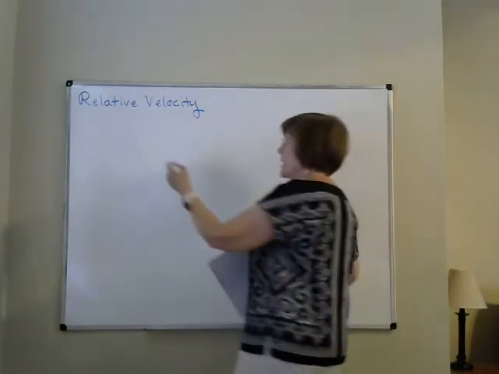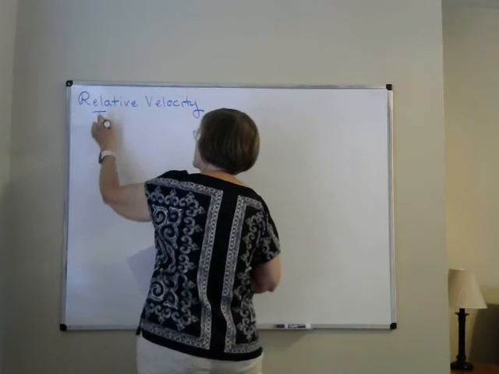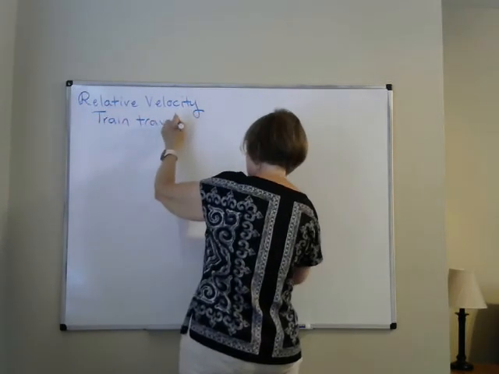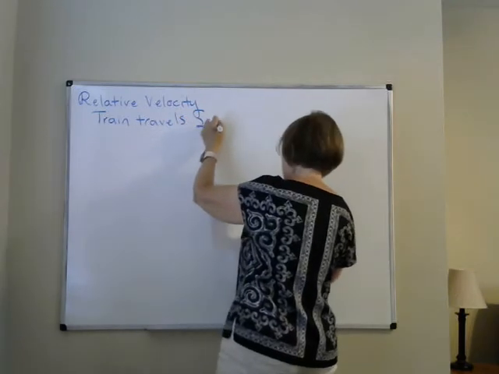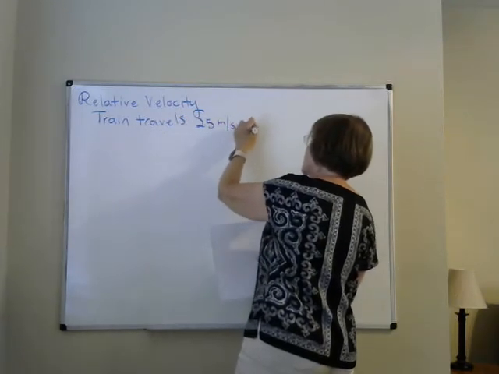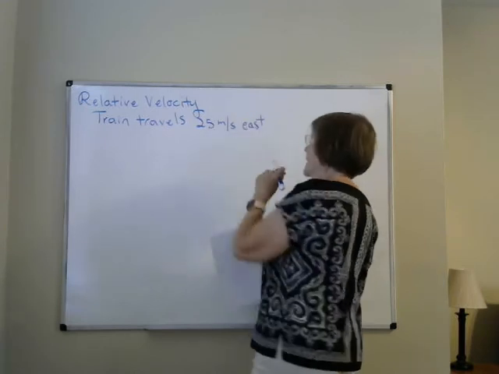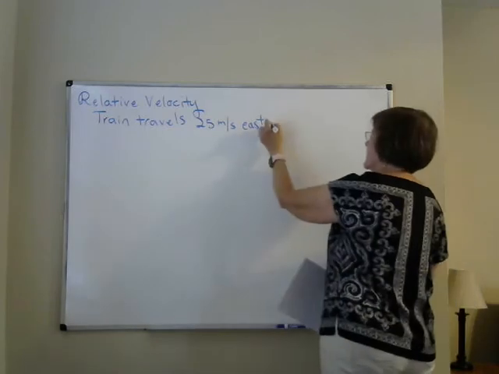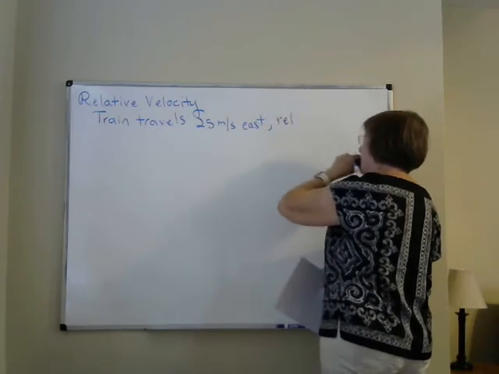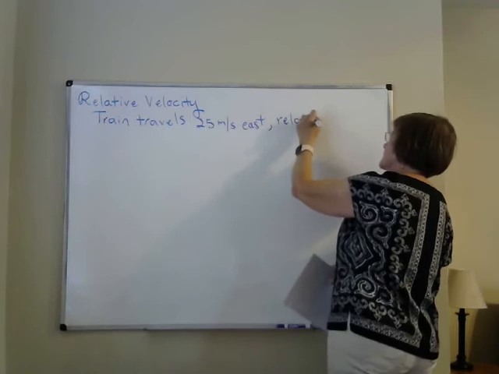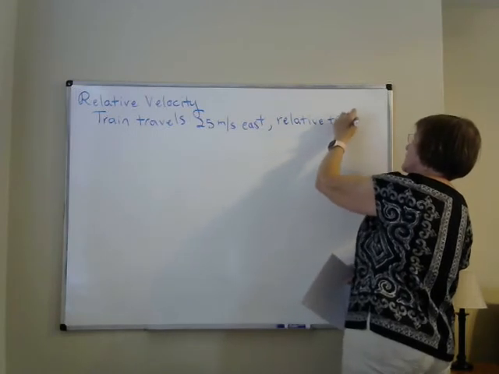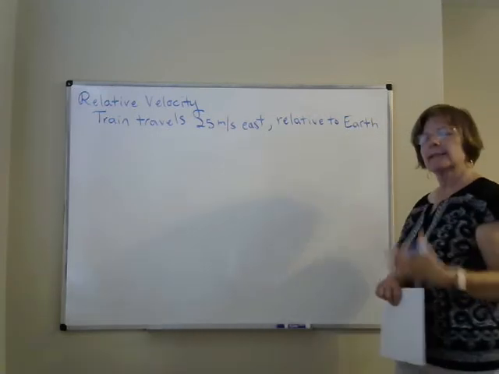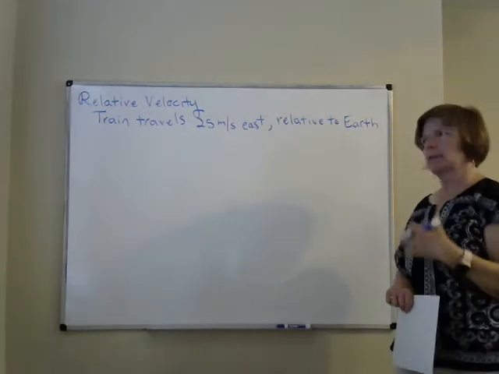The train travels 25 meters per second east. And we don't usually have to mention this, but I need to mention it for this problem, relative to Earth. Most of the time when we say how fast something's going, we're thinking relative to the Earth, but not always.